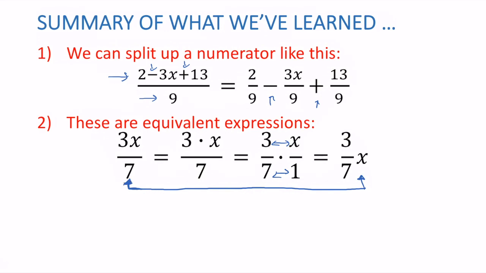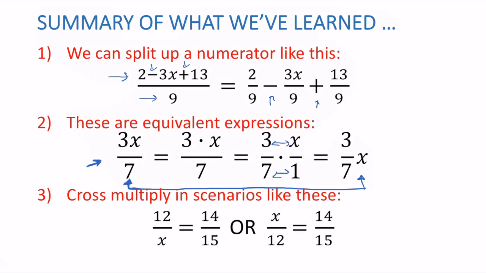And remember, sometimes it's advantageous to have the one on the left. For example, when you cross multiply. So that's the last thing that we learned, was you can cross multiply in scenarios like these. So in a scenario where you have two fractions and the x is on the bottom on one of them, or two fractions and the x is on the top, it really doesn't matter. But you could even have something like I said, 3x over 7.